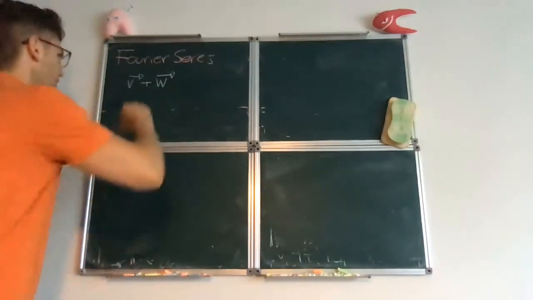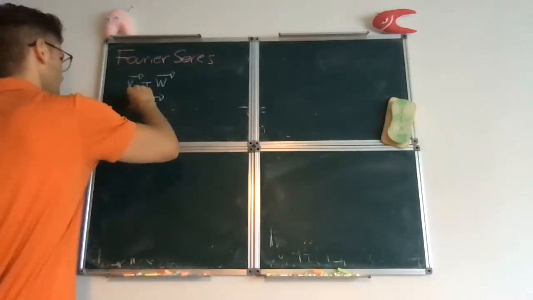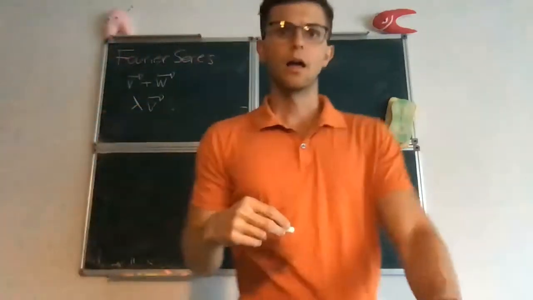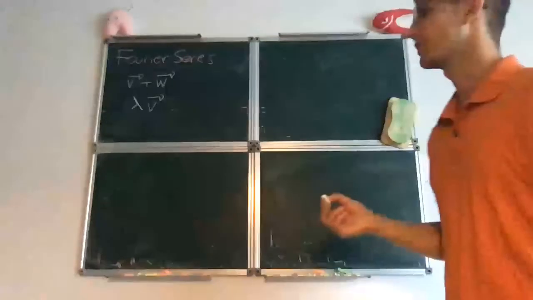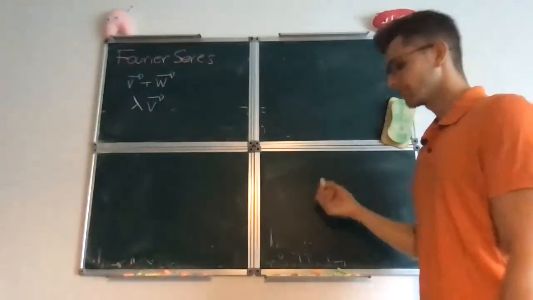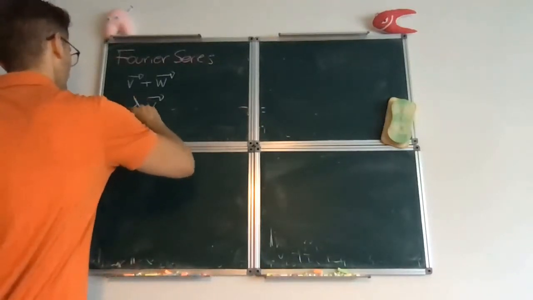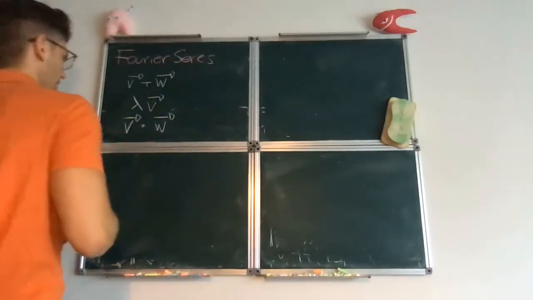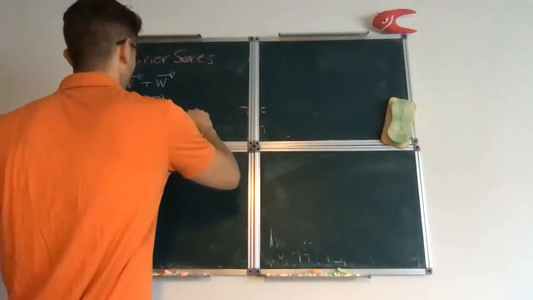And also if you have a vector, you can multiply the vector by a real number and you get a new vector. And finally, the operation we have been discussing so far is that if you have two vectors, then you can multiply them with their dot product and you get a number.